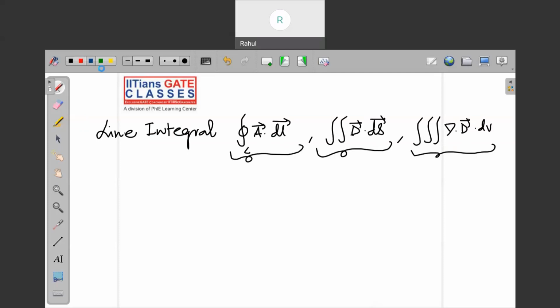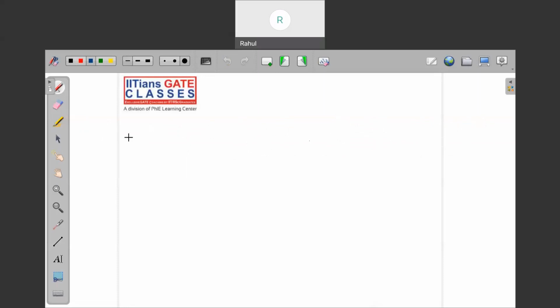So let me take one problem which was asked in GATE 2011, I think, and we will understand from this problem. The question says a vector A is given equal to xy in the ax direction and x square in the ay direction.